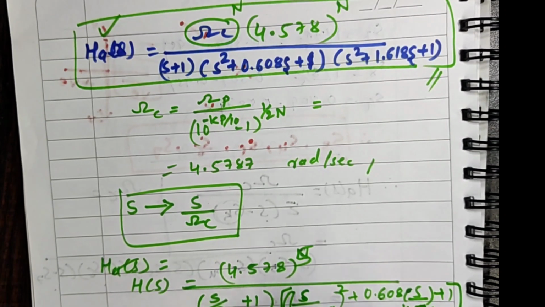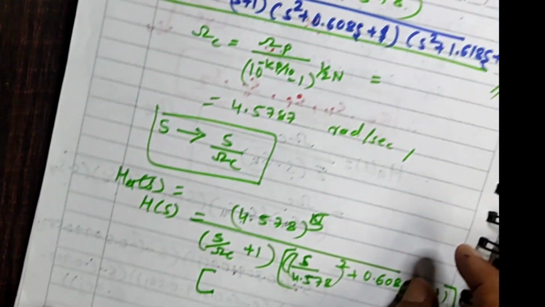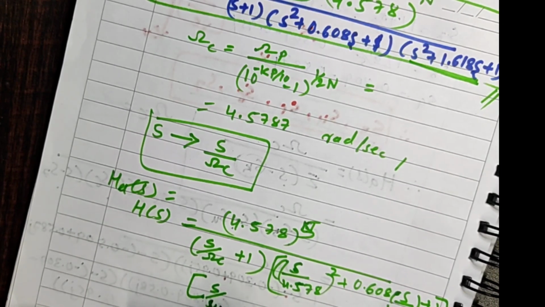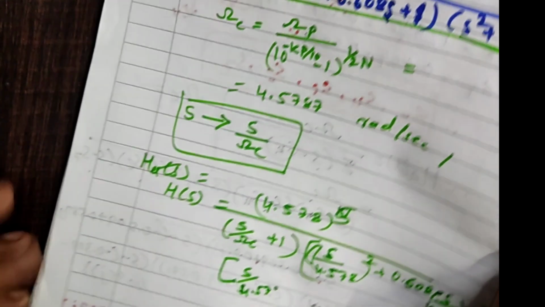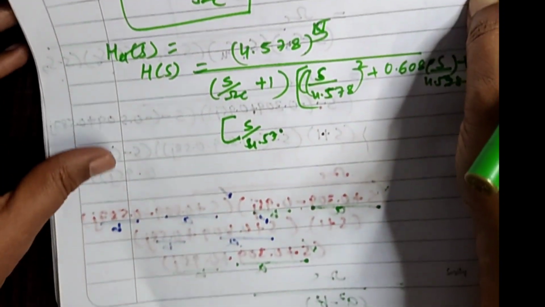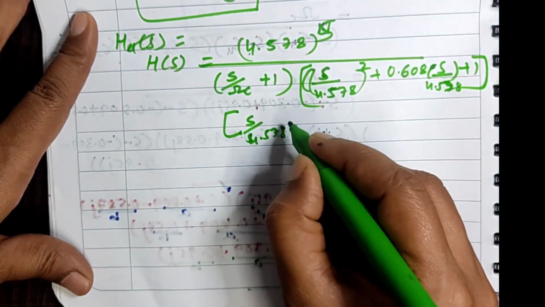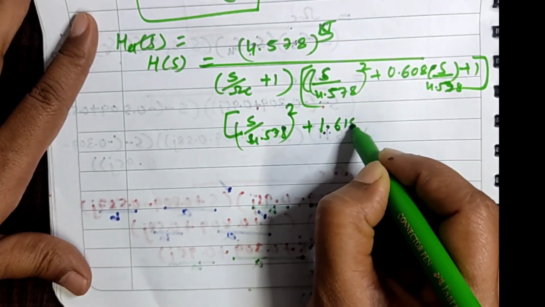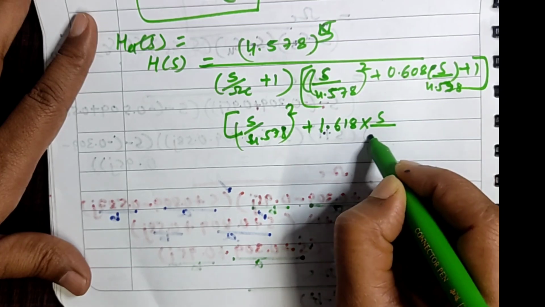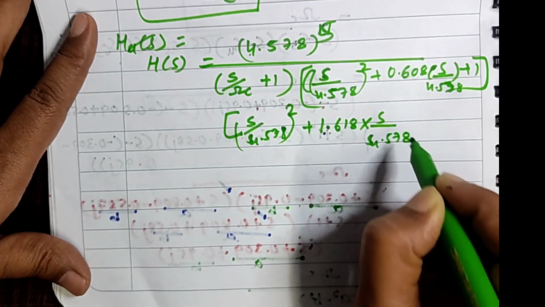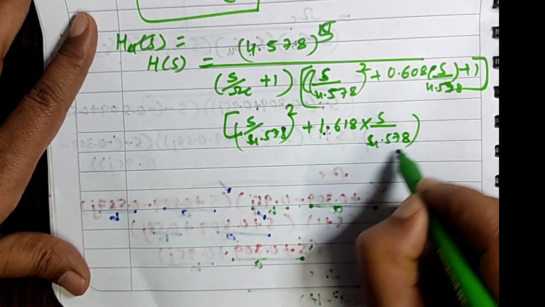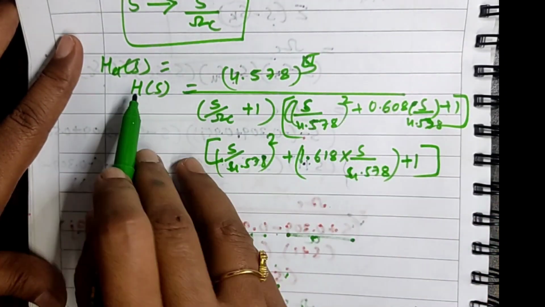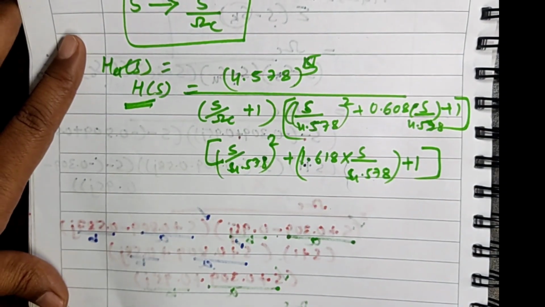Another one is S divided by 4.578, whole square, plus 1.618 into S divided by 4.578, plus 1. So this is our frequency domain, same filter.